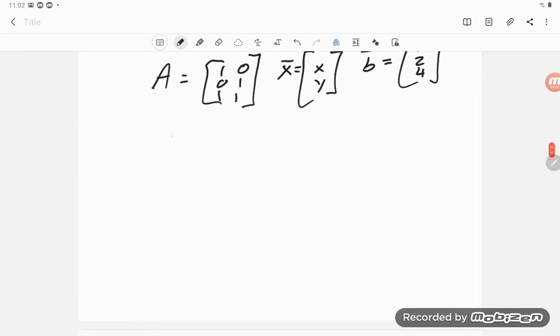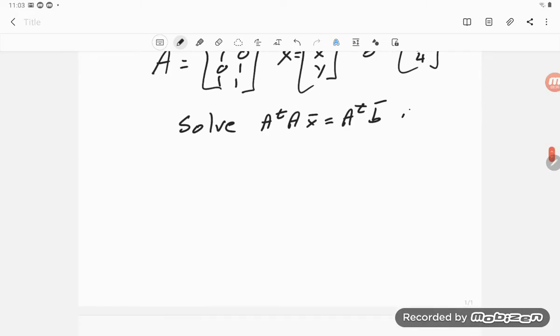But if we solve A transpose AX equals A transpose B instead, we get X if A transpose A is non-singular.